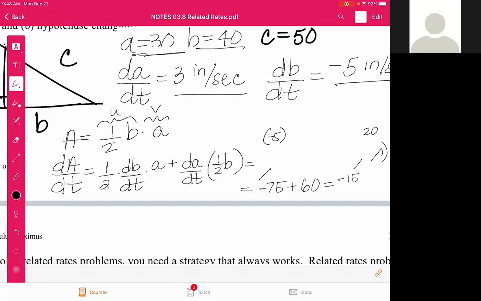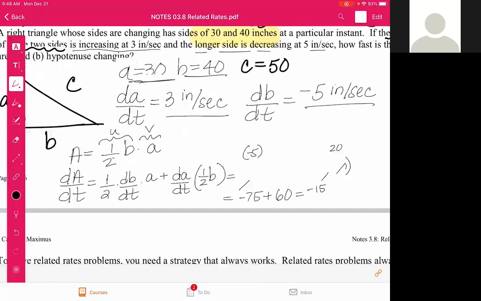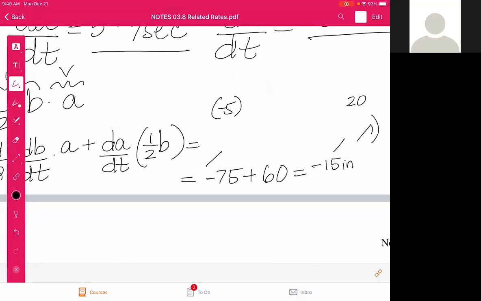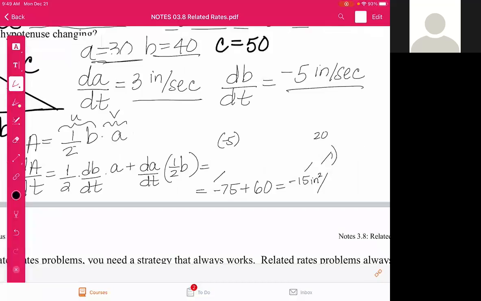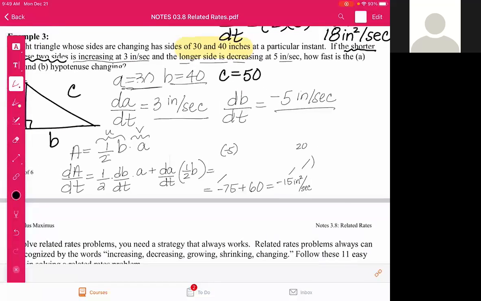Double check. Okay, cool. So it ends up being -15. This is area, and we were measuring in inches, so this is -15 inches squared per second. Okay. So that was that part.